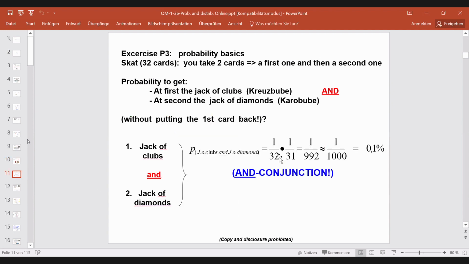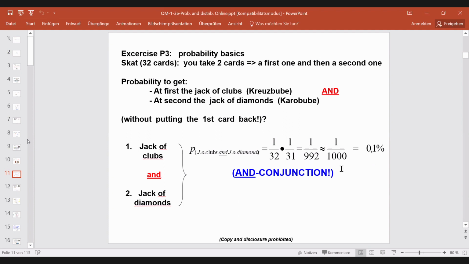The first single probability to get the Jack of clubs is 1 to 32. We have 32 cards in the game. And then, without putting the first card back, there are only 31 cards remaining in the game. And the probability to get the Jack of diamonds, if you take the second card, is 1 to 31.